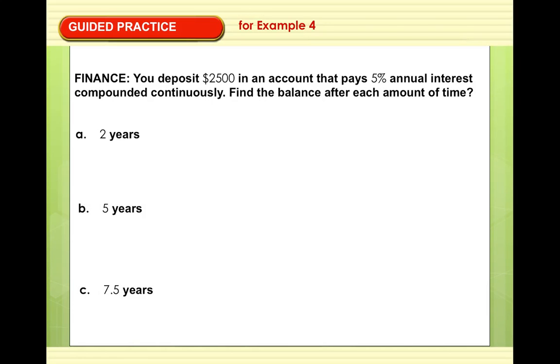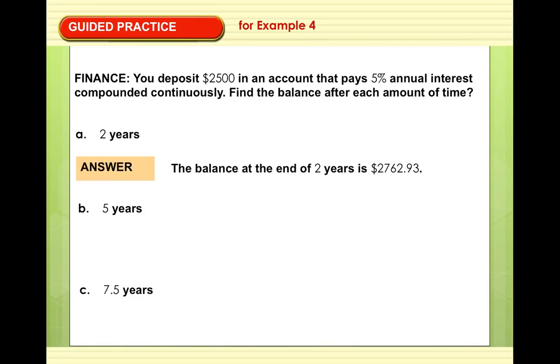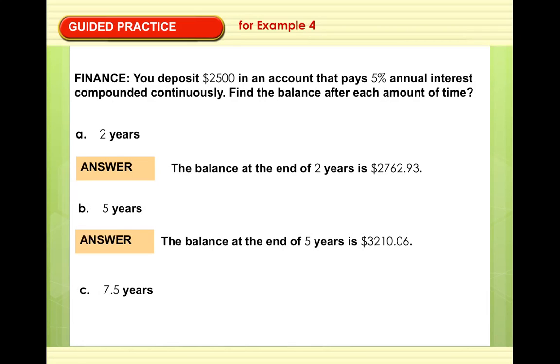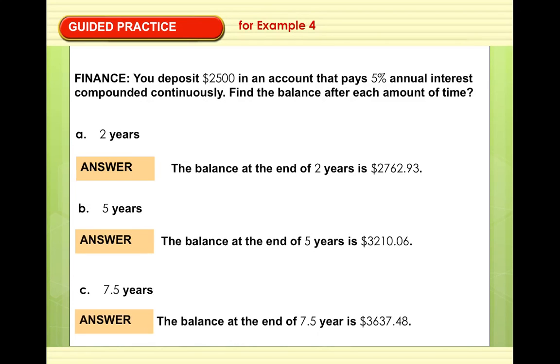So when we substitute all of our numbers in, we should get a balance of $2,762.93 after 2 years, a balance of $3,210.06 after 5 years, and a balance of $3,637.48 after 7.5 years.